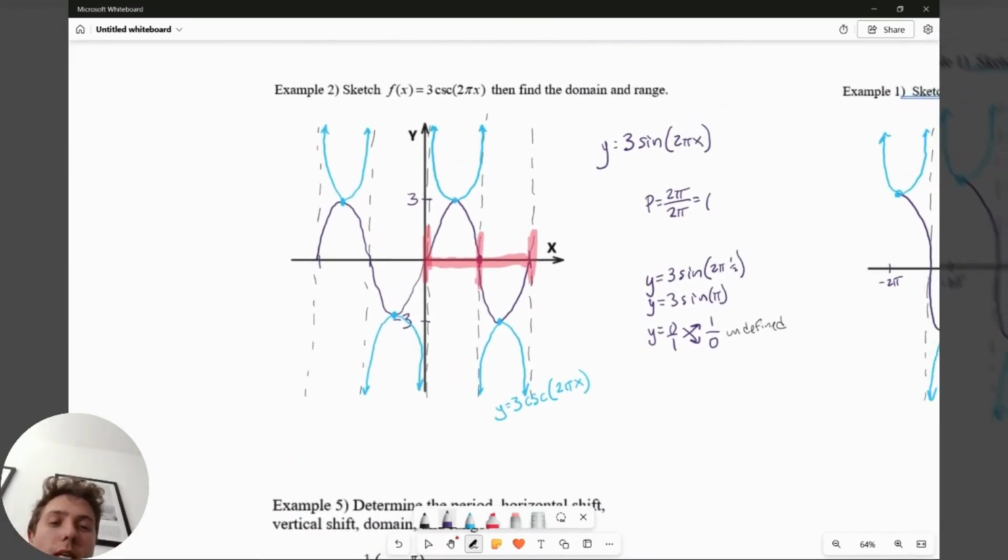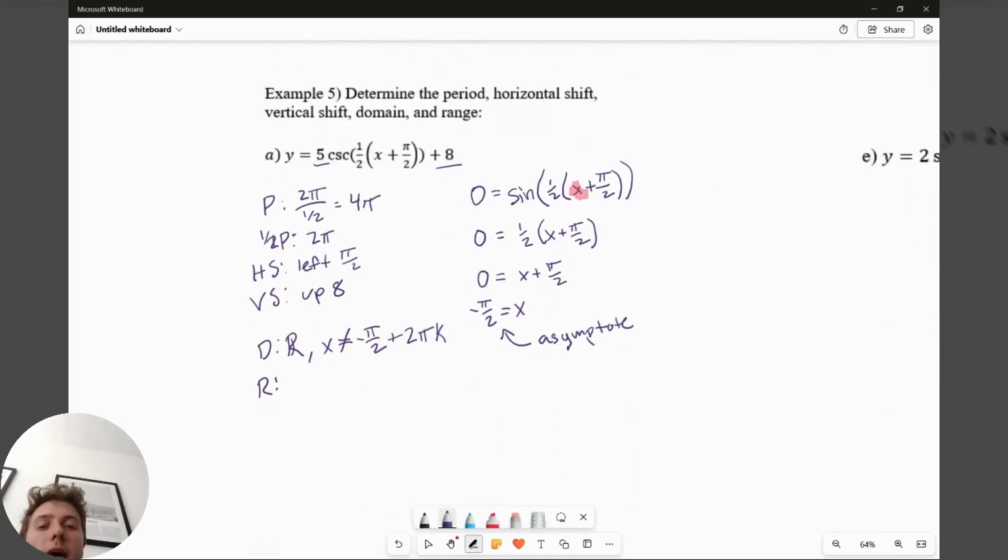Realize for cosecant, one thing I do want to point out, when there is no horizontal shift, no phase shift, that means there's an asymptote at 0. If there is a phase shift for cosecant, it just takes the asymptote from 0 and it shifts it. Notice where the asymptote was. We had a horizontal shift of left pi halves. That made the asymptote at negative pi halves.